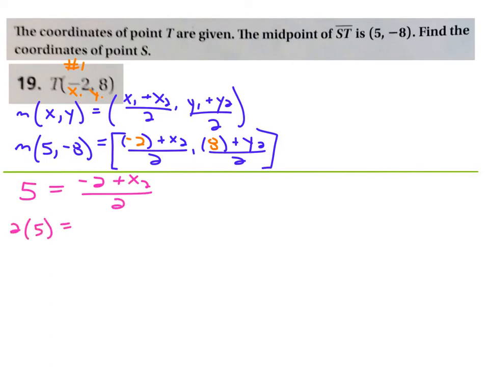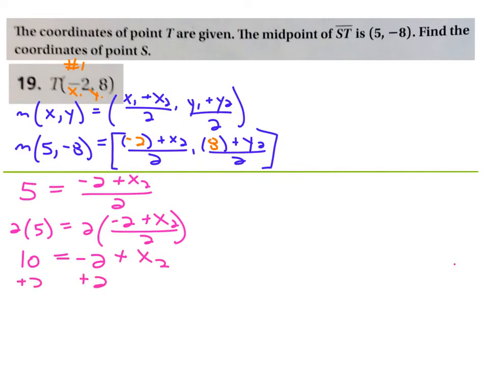Okay, and we'll multiply both sides by 2, writing everything exactly the same inside the parentheses as it was on each side. And then we've got 10 is equal to -2 plus x2. Okay, and now we just say plus 2 plus 2. We get 12 is equal to the x-coordinate of point number 2.